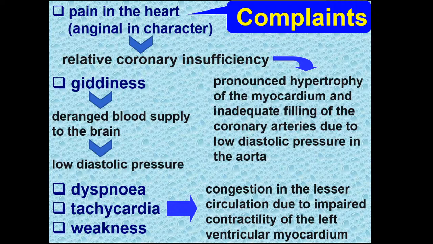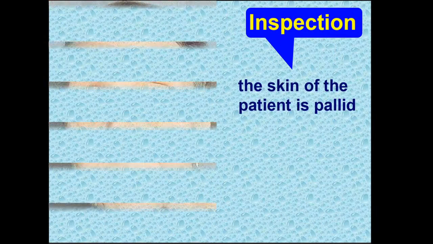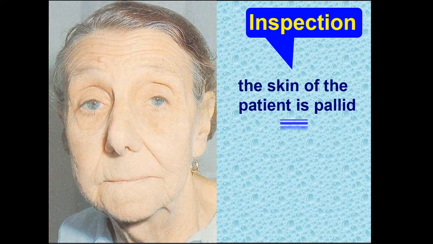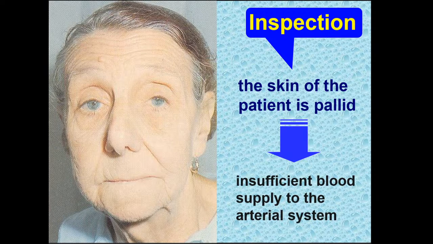You see, first of all, a problem with greater circulation, low blood supply, and then dysfunction of the hypertrophic left ventricle. On inspection, the patient is pale, the aortic heart defect is a white heart defect due to insufficient blood supply to the arterial system. The more blood comes back through the unclosed aortic orifice, the worse the condition of the patient.